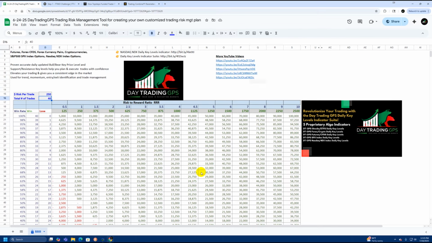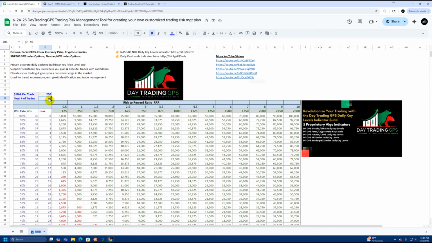Now let's say that you don't want to take a whole month to pass this. You're in a hurry to try to pass it. Then let's say you want to pass it in 10 trading days. So a couple of different ways you can look at that. We have 10 trading days.